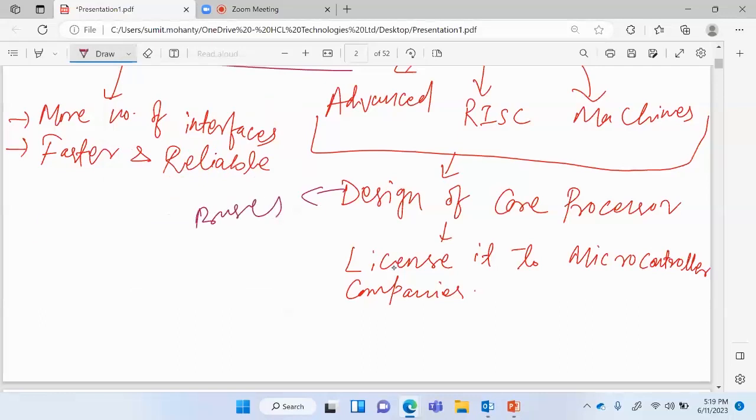There is something called AMBA buses, advanced microcontroller bus architecture. There is a system bus, there is a peripheral bus. There is ASB, advanced system bus or ARM system bus, an ARM peripheral bus, and an ARM high performance bus.